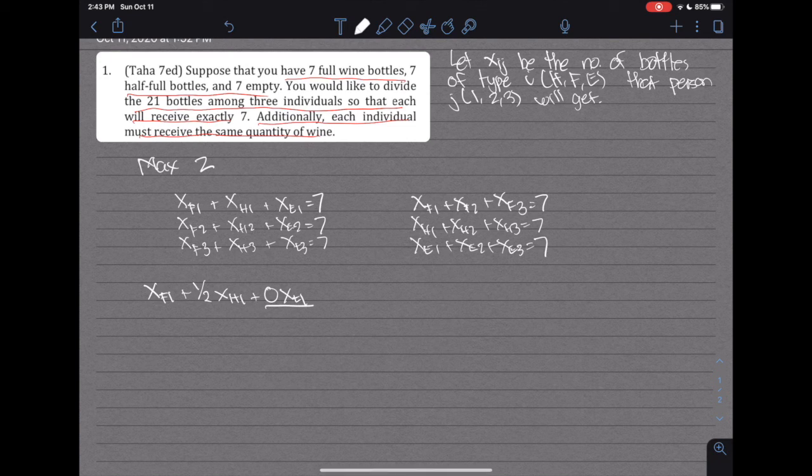Since this is 0, we can just remove this term and say that this is the total amount of wine that person 1 will get.